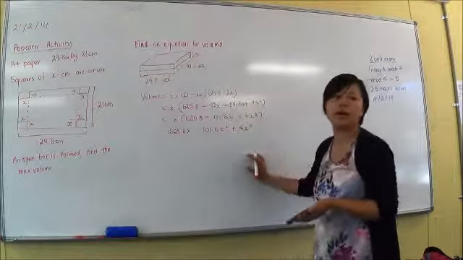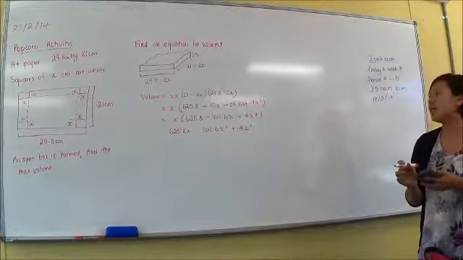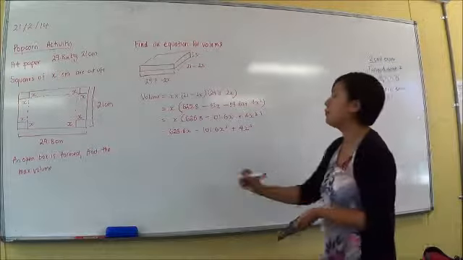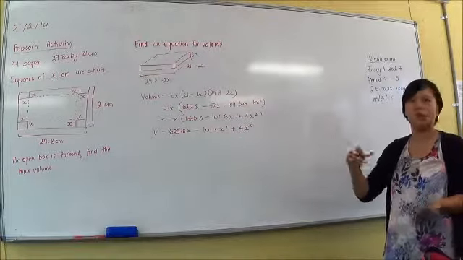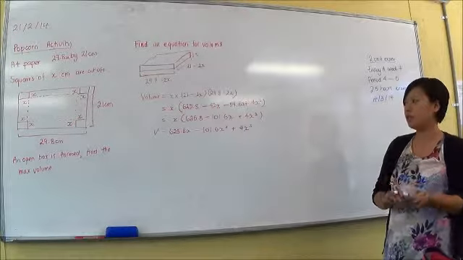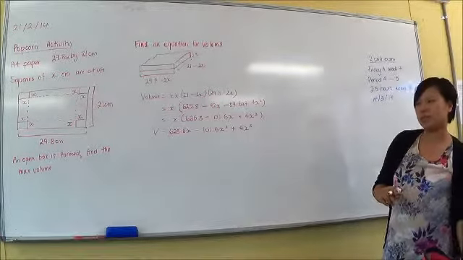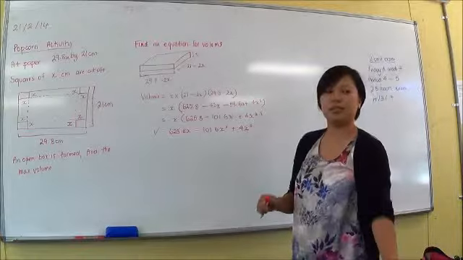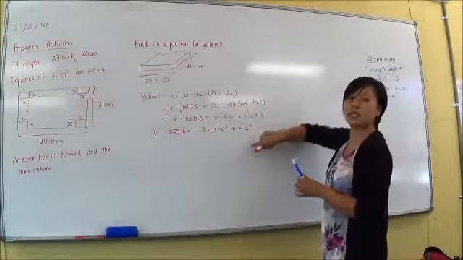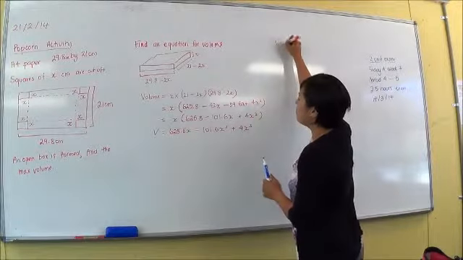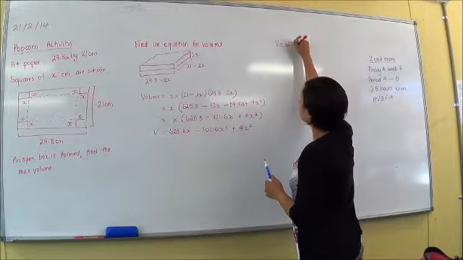So this is our one equation. Now that we have an equation for volume, what do you reckon the next step is if we're solving for max volume? Differentiate. So using the equation for volume, you're going to differentiate.